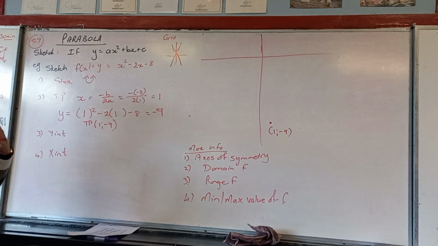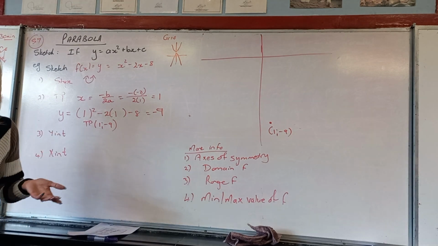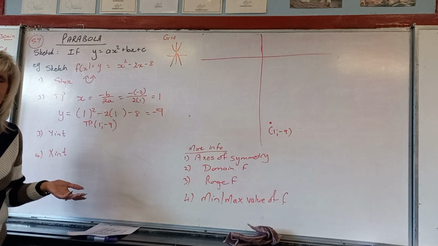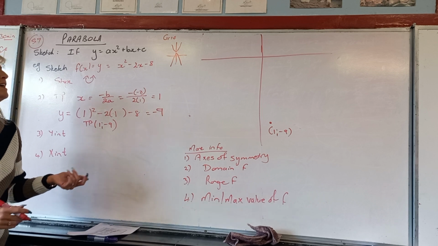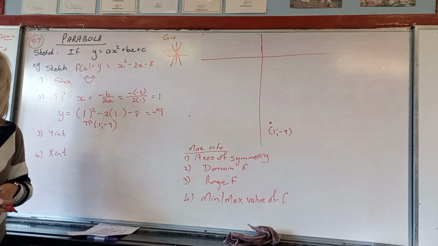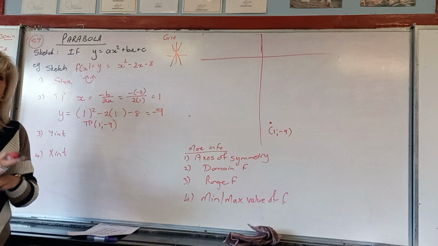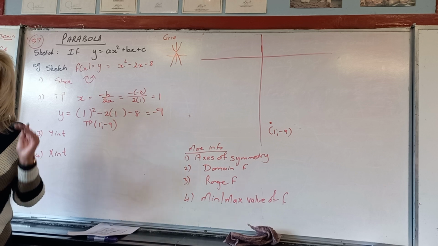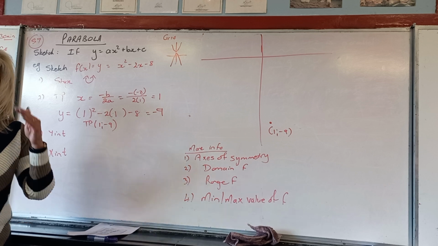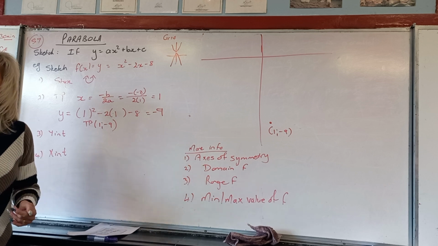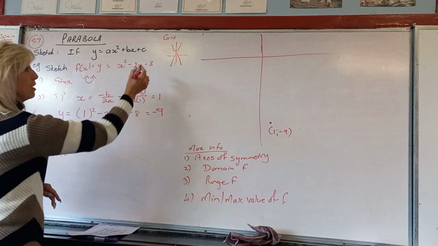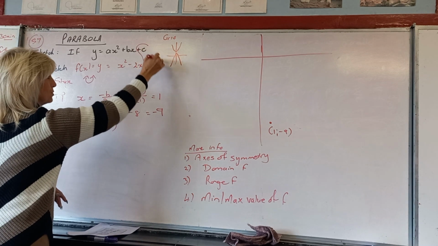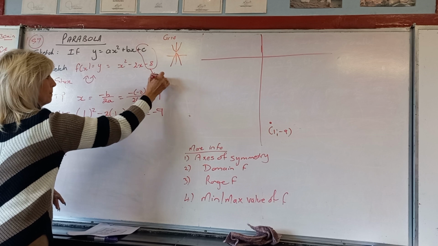Then obviously we still need the x and y intercepts like you did in grade 9, grade 10. So for the y-intercept, what do you do? Make x 0. If all else fails, that's your fail-safe. For an x-intercept, you make y equal to 0. For a y-intercept, you make x equal to 0. But you were also told long ago and last year that c is also your y-intercept.